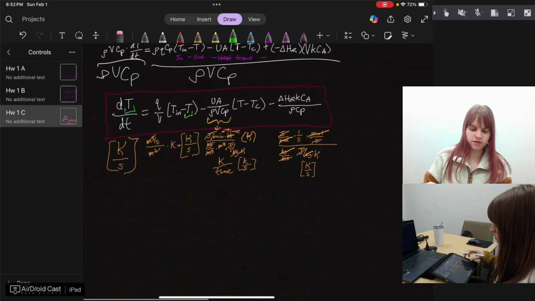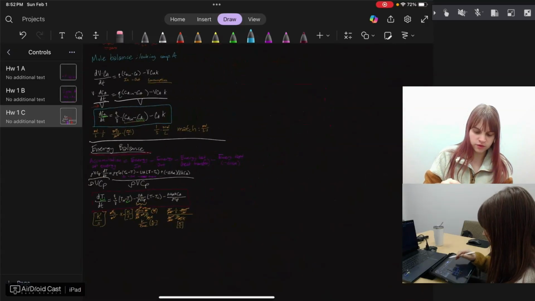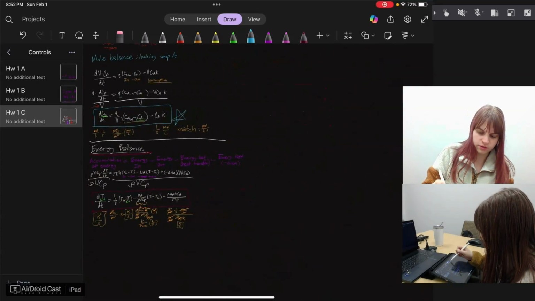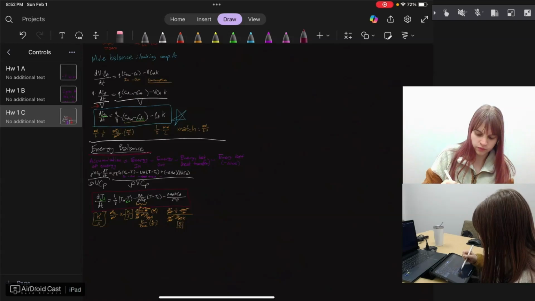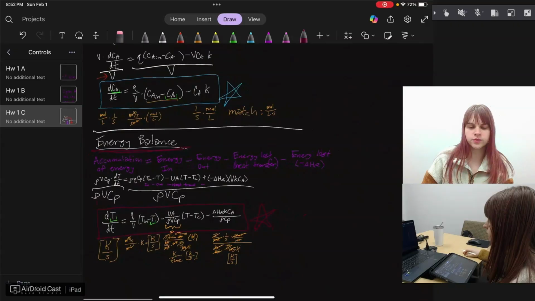So our next step will be to put these two equations into code and simulate how these different parameters change with time.